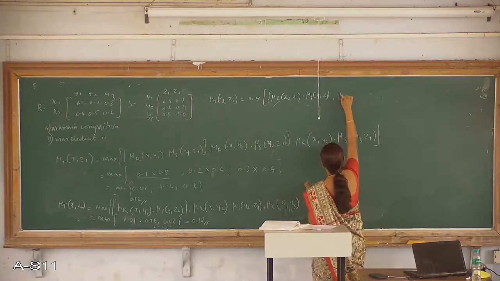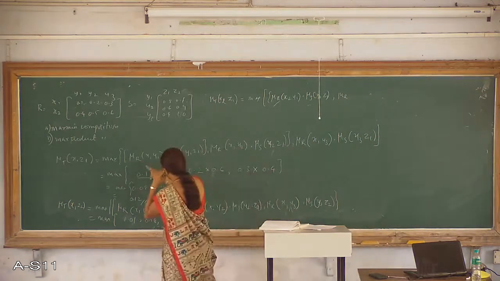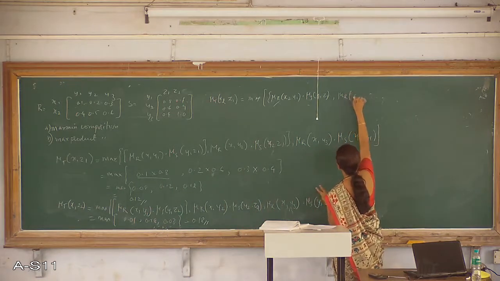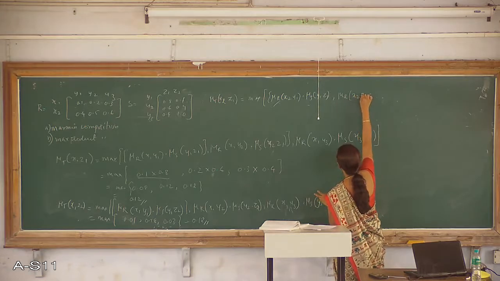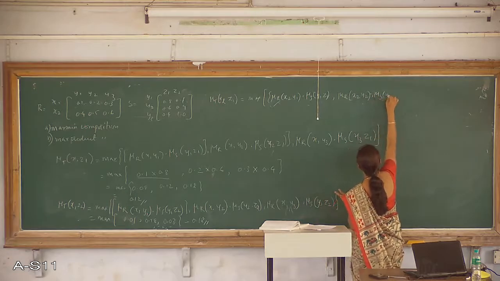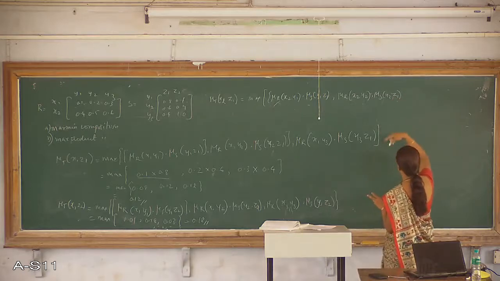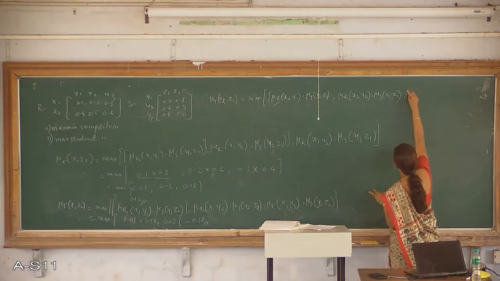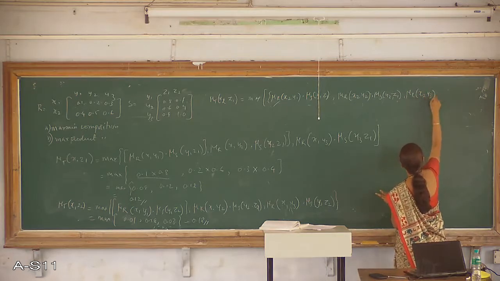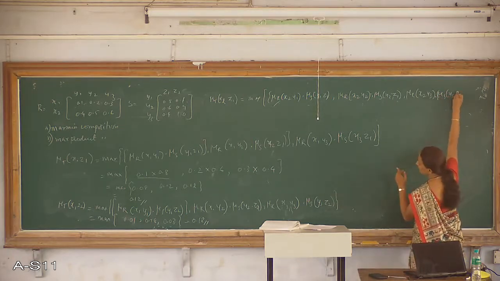Then I have mu r of x2, y2 dot product of mu s of y2, z1. Y2 is common. Next I should have mu r of x2, y3 dot product of mu s of y3, z1.